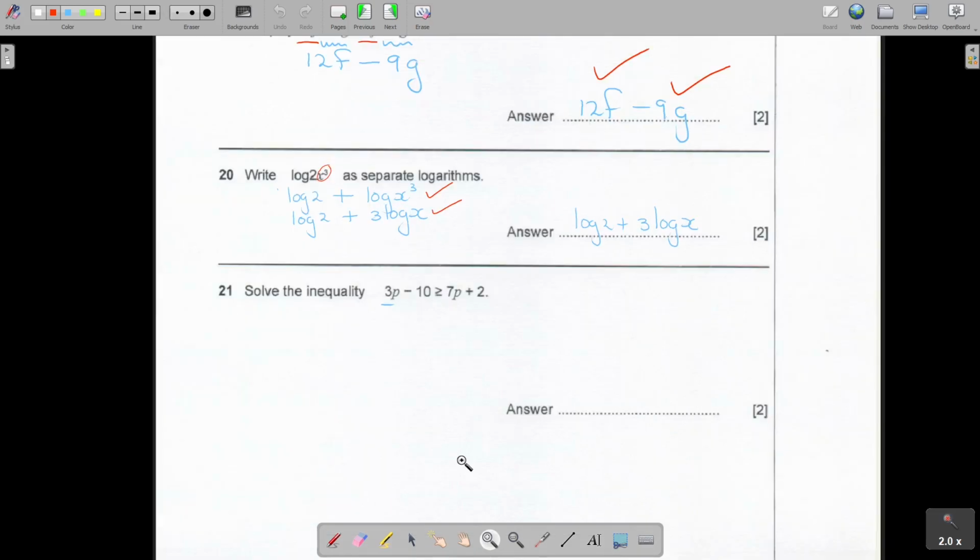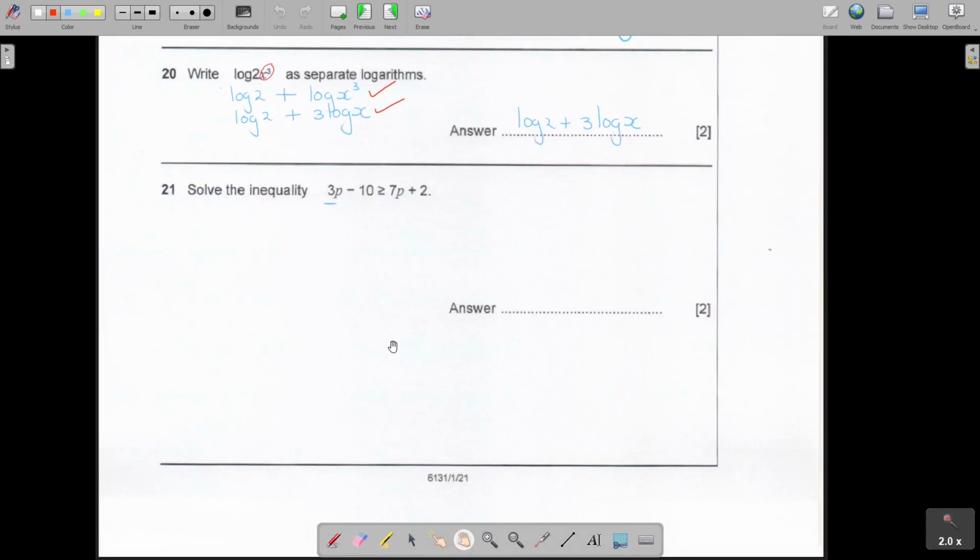Okay, there. So if I'm going to do this one, I'm just going to treat it like an equation, a linear equation. I'm going to take all the like terms to one side, and this one to the other side. I don't change anything because not with addition and subtraction. Then I get 4p and I get 12.